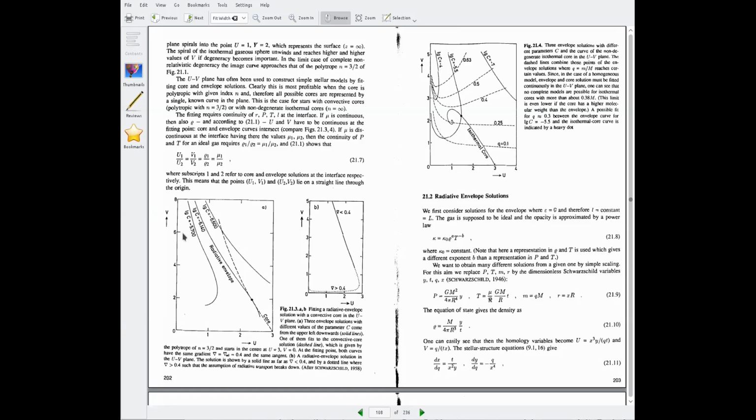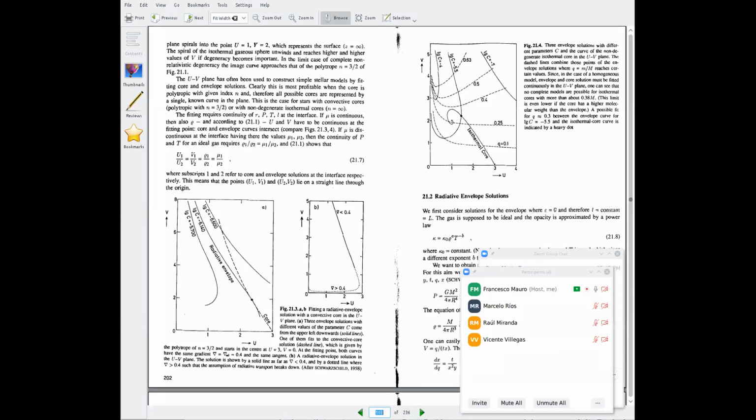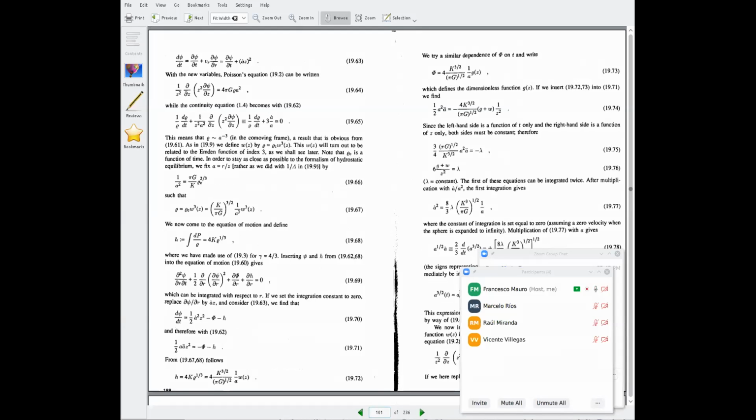This is also the case for some calculations where we see the collapsing of the polytrope. It's another case with a lot of calculation.